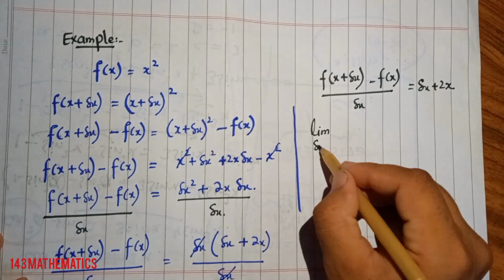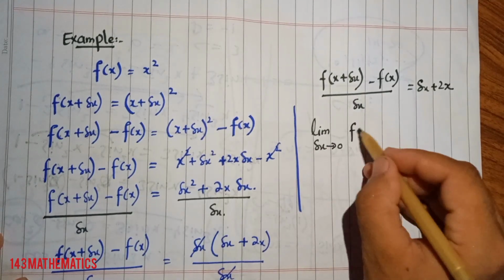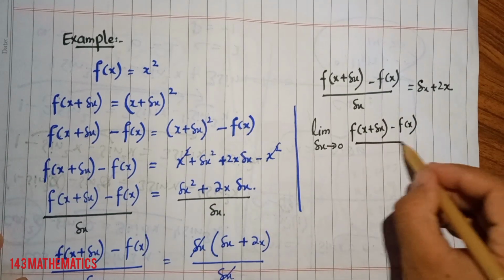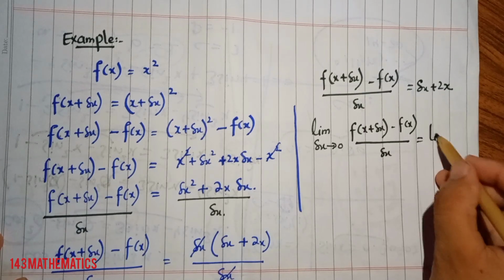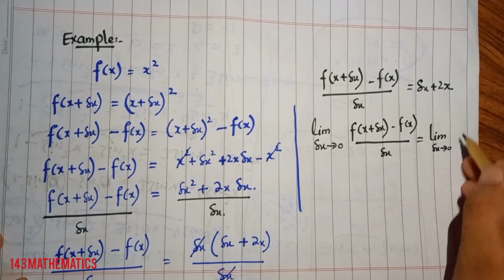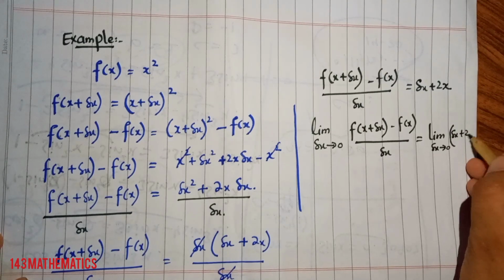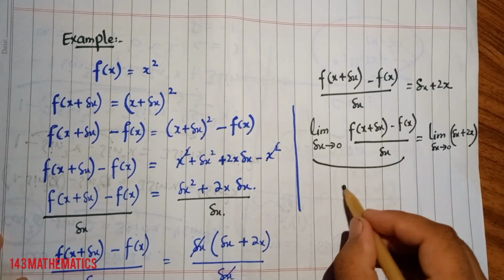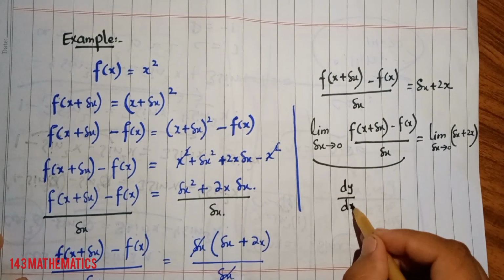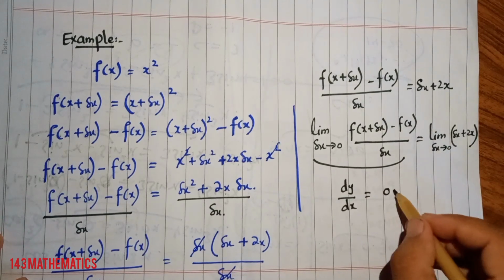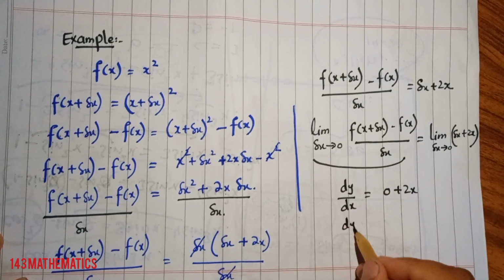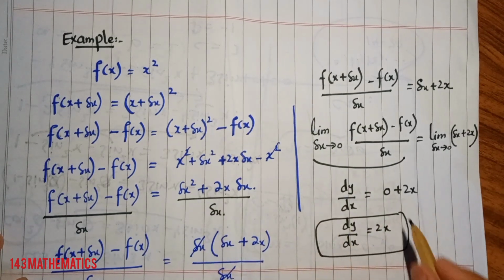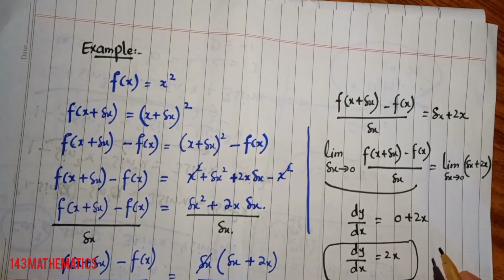Limit delta x approaches to 0, f of x plus delta x minus f of x divided by delta x is equal to limit delta x approaches to 0, delta x plus 2x. So on the left side this is the derivative, so this will become dy by dx will be equal to, with delta x equal to 0, 0 plus 2x. So dy by dx is equal to 2x. This is the solution for the function f of x is equal to x square.